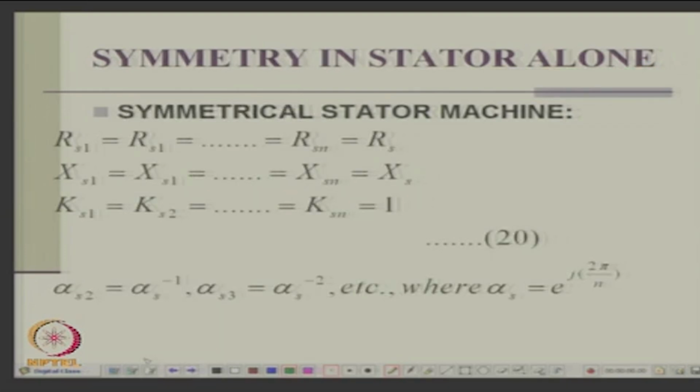And stator symmetry would mean stator resistances are same, stator leakage reactances are same, number of turns is same. Stator symmetrical means they are all same, isn't it? And the phase displacement is same, e to the power j 2 pi by m, alpha s.